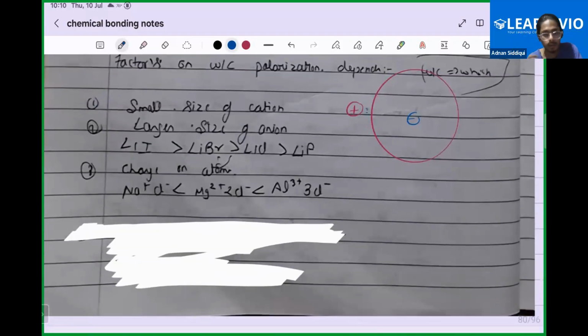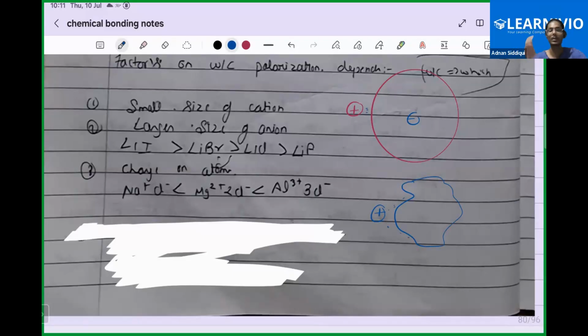This cloud, which was supposed to be a sphere, will convert into something like this. It will be distorted due to the cation. And due to this distortion, what we will observe is better bonding. So this is what the polarization effect is. The distortion of the anion due to the cation is the polarization effect.